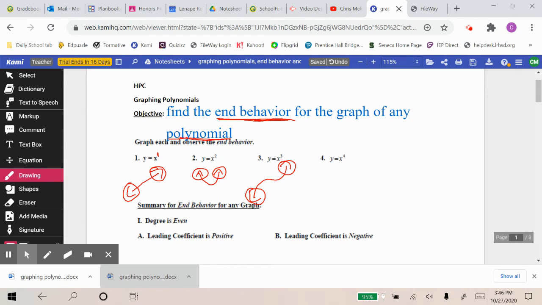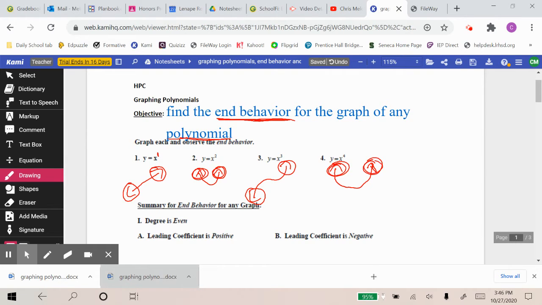And if you were to graph y equals x to the fourth, it's going to look a lot like the quadratic, the y equals x squared, except it flattens out, but the end behavior is all the same. All right. So hopefully you see the pattern there. If your degree is even, then they're both going to go up.